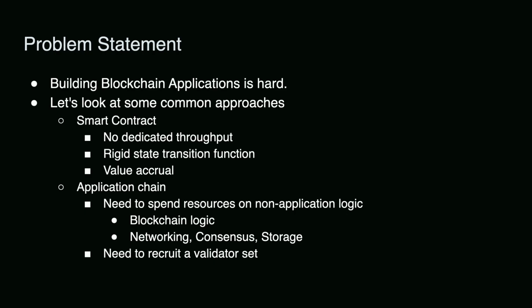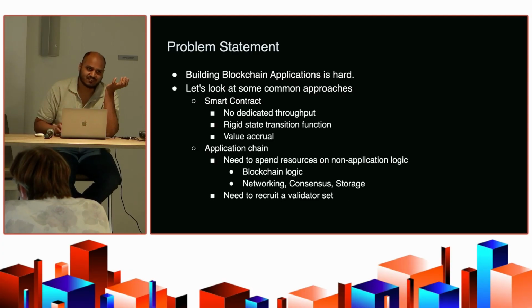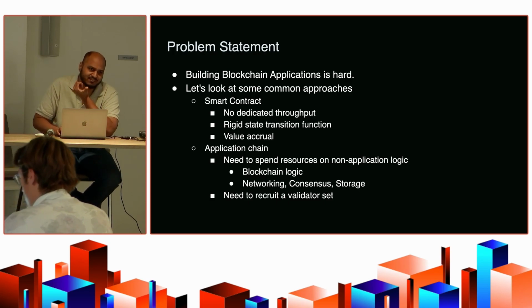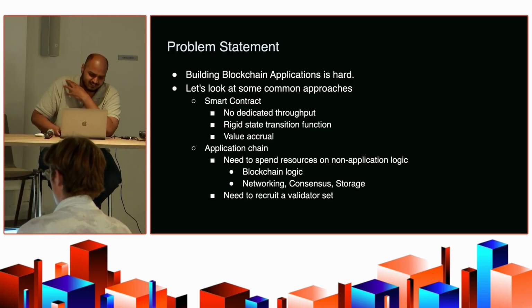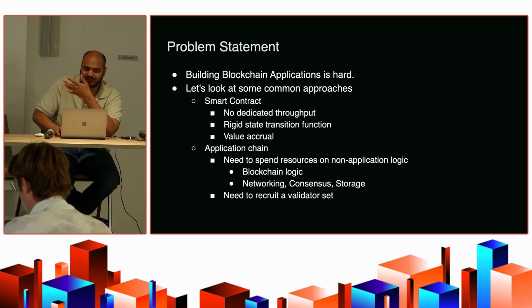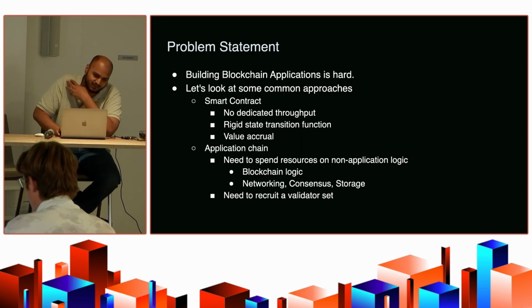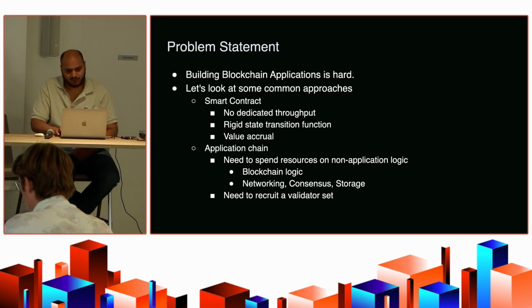These are all choices you need to make. And you also need to recruit a validator set. That's a very prominent problem, because you still have to be decentralized. You need to satisfy Byzantine fault tolerance, and your coefficient needs to be high enough to prevent any sort of reorg attacks. So, standard problems.